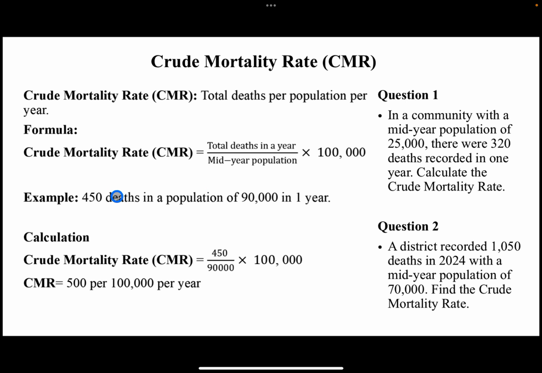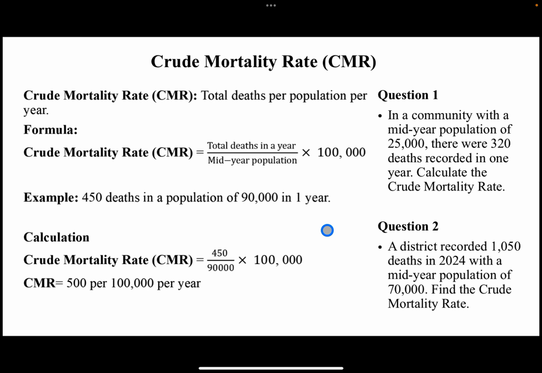Okay, now let's calculate the crude mortality rate. The total deaths is 450 over the population, 90,000, then you multiply by 100,000.